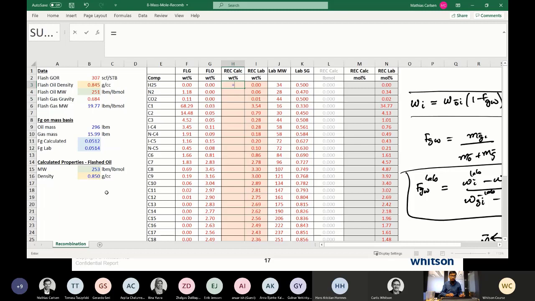And now we calculate the total recombined composition. Now we have the FG value.